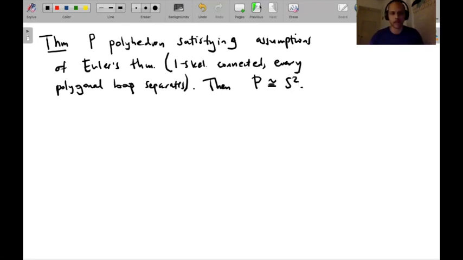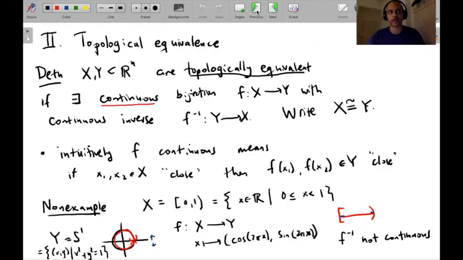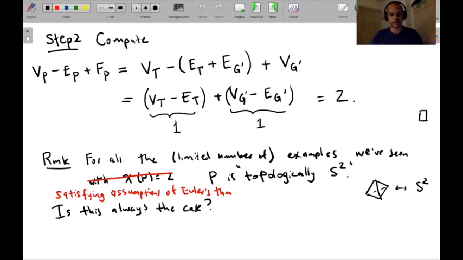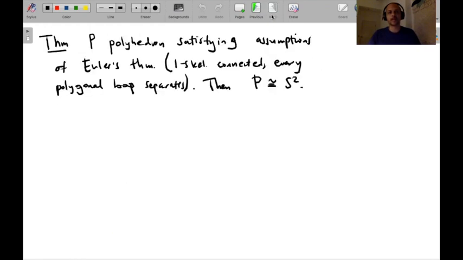So this is meant to answer the question that I raised here that I didn't state so clearly. But right, so as it turns out, any polyhedron satisfying the conditions of Euler's theorem is topologically S2.